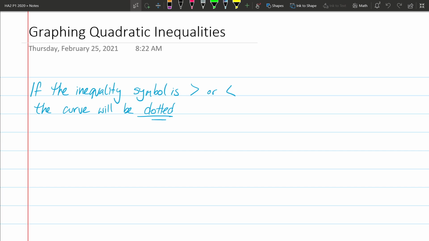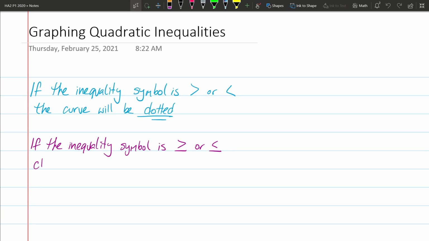So this is a lot like just graphing regular inequalities as far as how the lines work. Which means if the inequality symbol is greater than or equal to or less than or equal to, the curve will be solid.